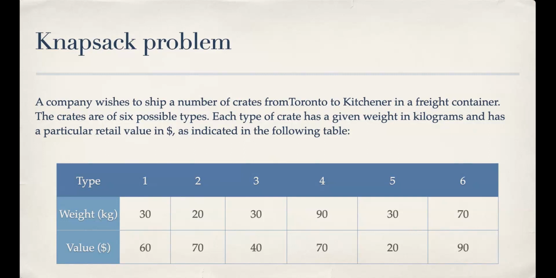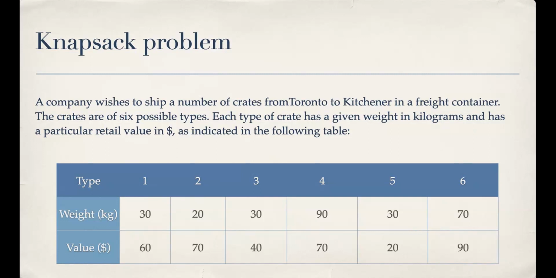We have this table, which gives you information regarding each type of crate. For example, for type 1, the first type of crate, the weight is 30 kilograms and the value is just $60, for one single crate.